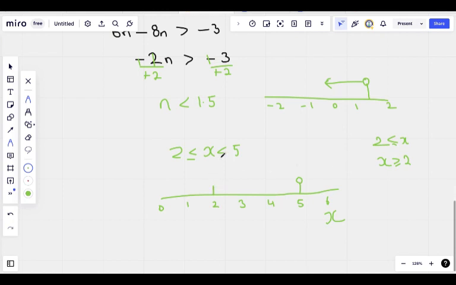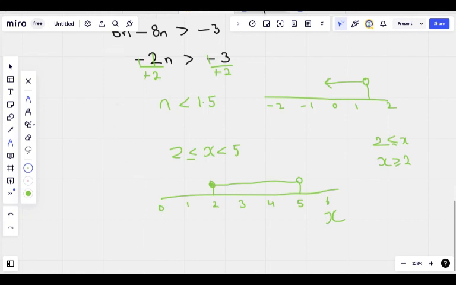We say x is less than 5 and x is greater than or equal to 2. Since it is greater than or equal to 2, we have to shade here. And then we join both of them together. So this type of double inequality, this is how we draw the number line. We're going to see a problem like this and expatiate on that.